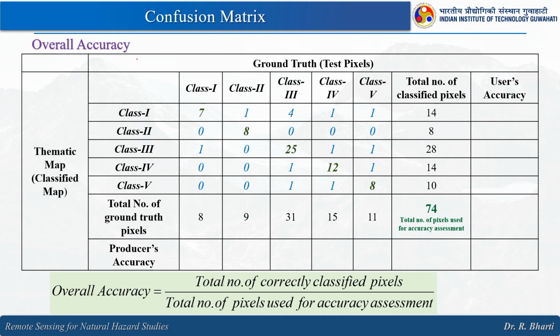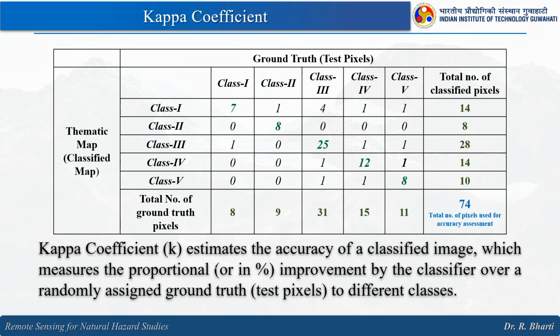Then comes the overall accuracy. This is the sum of all the diagonal pixels divided by the total number of pixels used in this accuracy assessment. That will be your overall accuracy. Now let us talk about the Kappa coefficient. This is another way of providing the accuracy value.